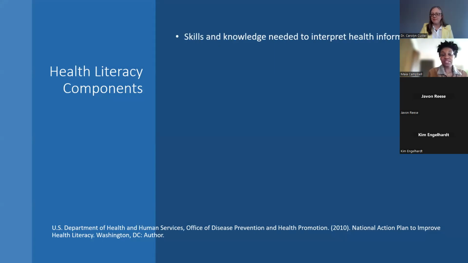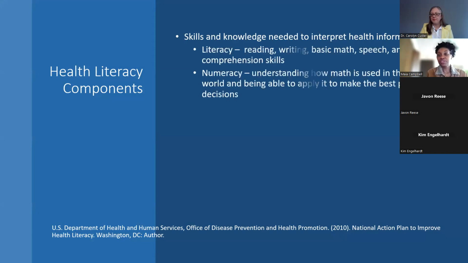All right, so we'll discuss some health literacy components. These are the skills and knowledge needed to interpret health information. And literacy is, of course, reading, writing, basic math, speech comprehension skills. Numeracy is the understanding of how math is used in the real world.